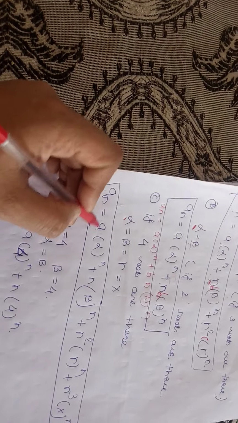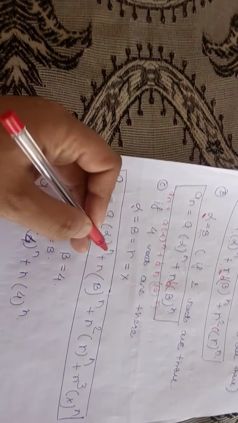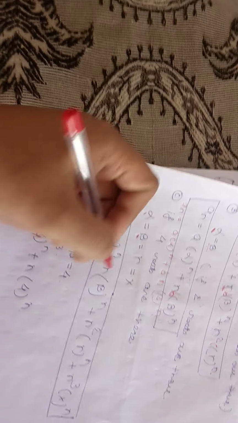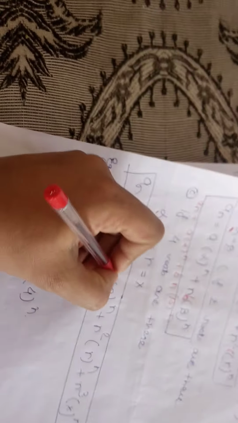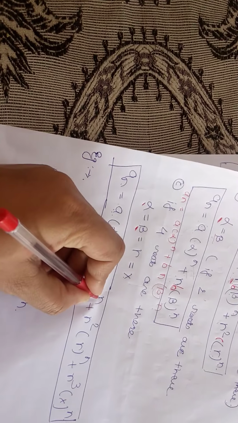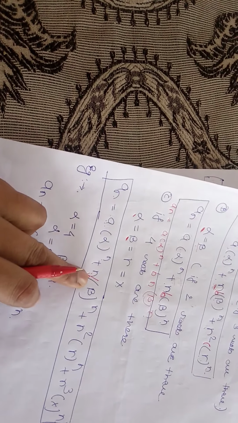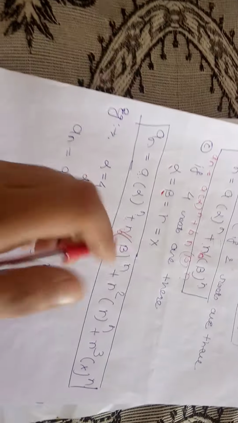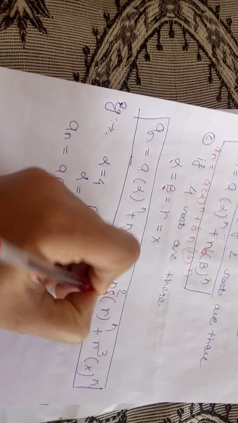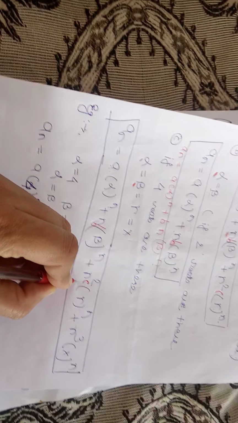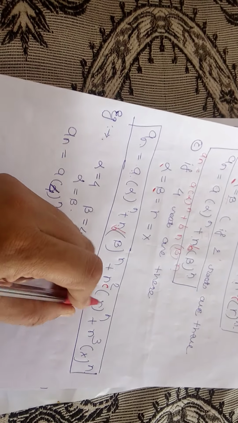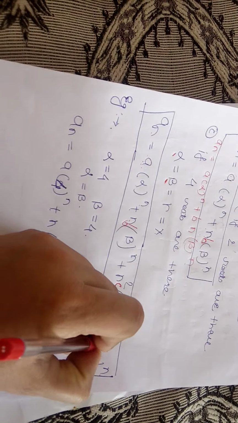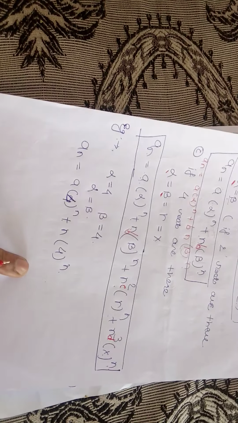That's why a of n is equal to a into alpha to the power n plus, this is my first term, second term, n into b into beta to the power n, plus n square into c into gamma to the power n plus n cube into d into x to the power n.